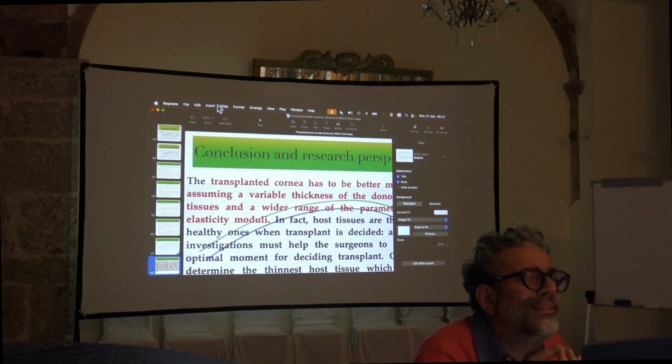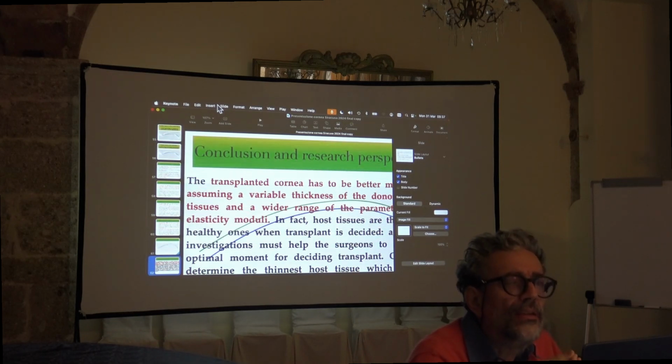In Rome, there is no such machine. I need to go to Nuremberg for getting these measurements. Moreover, do you know why I can publish this paper? Because it is my cornea. I cannot publish the image of somebody else's cornea.